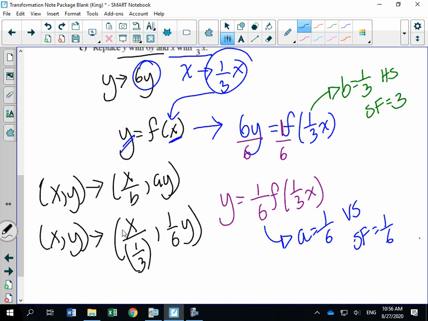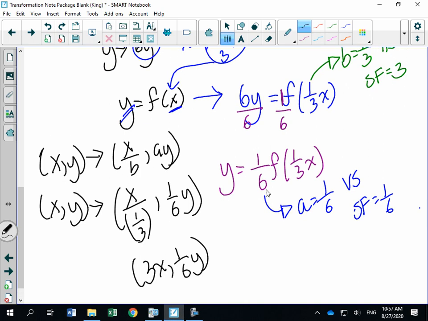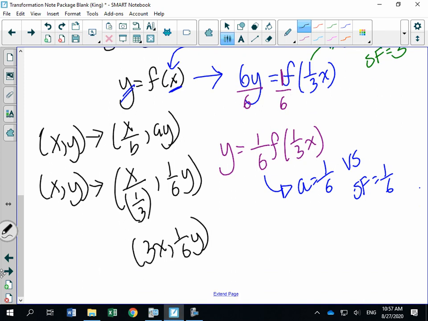Now, this is messy. You would never leave this. I would take off a mark if you left it like this. X divided by 1/3 is the same thing as 3x, and 1/6y. So remember, you're always taking your x and your y coordinate and multiplying it by the stretch factor. Here the stretch factor was 1/6, so I multiply by the stretch factor. For my b value, the stretch factor was 3, so I'm multiplying it by 3. Okay.